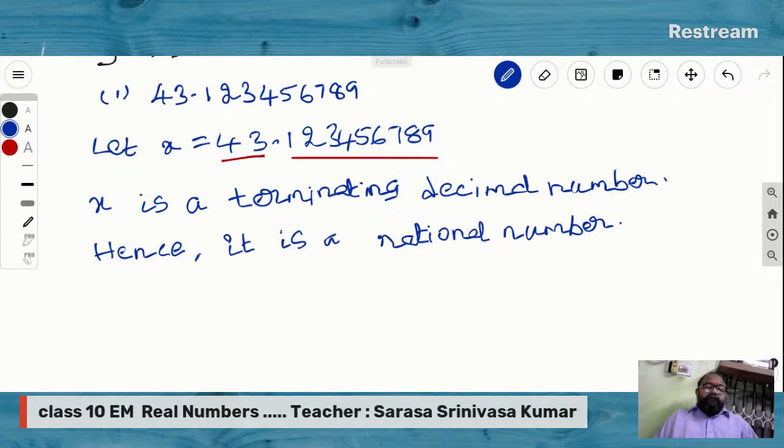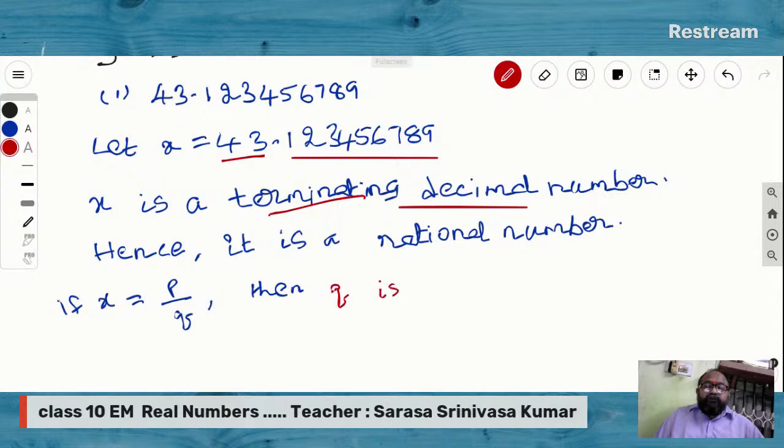Now, if this x can be represented as p by q, that means 43 point... if x equal to p by q, then we have got a terminating decimal number here. Then q is of the form 2 power n 5 power m.